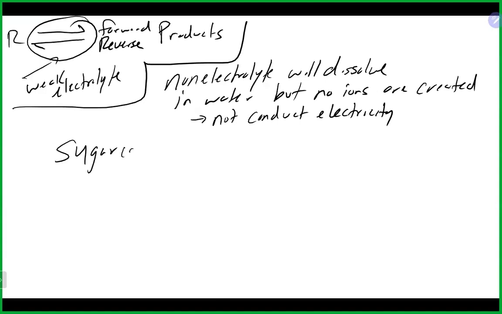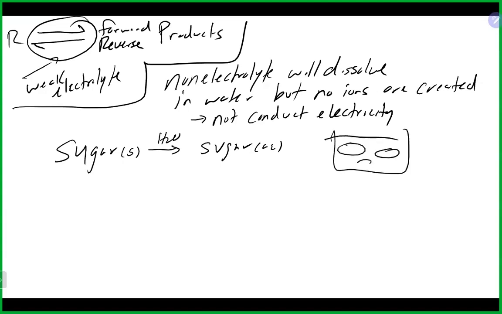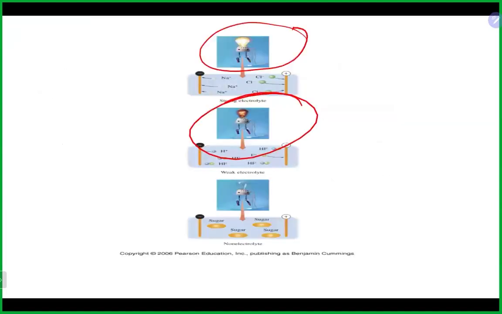If you have solid sugar, you could put that into water and it will dissolve into aqueous sugar, but it will not break apart because they are sharing electrons. So it's not going to create any ions. You would just have a bunch of sugar molecules floating around, no positive guys, no negative guys. So it will not be able to conduct electricity. Again, if you put the light bulb in that, it will not go off.